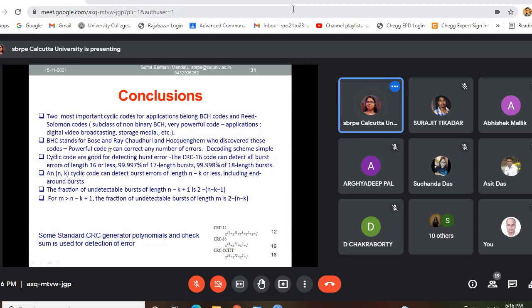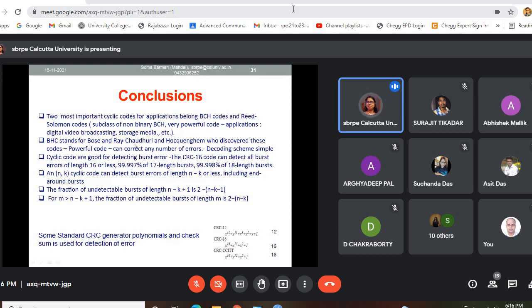Okay. So the Bose-Chaudhuri code, you know the term, was discovered by Bose, Ray-Chaudhuri and Hocquenghem. This is a powerful code that can correct any number of errors. If time permits, after the syllabus is covered, I may consider the Bose-Chaudhuri code.